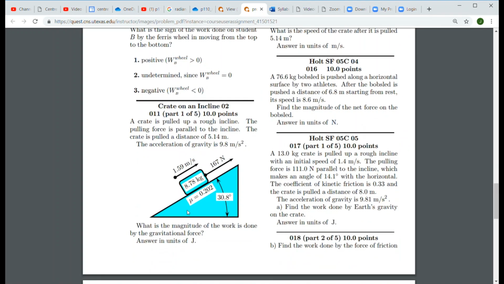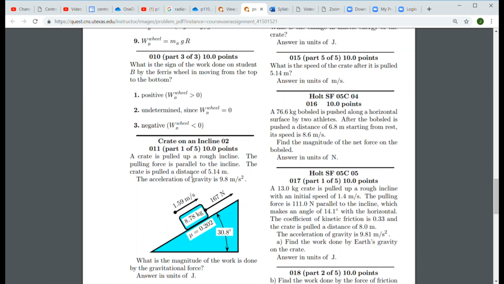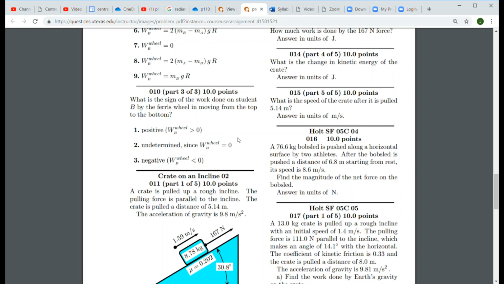It looks like its initial speed is 1.5 meters per second. So when we do the work kinetic energy theorem, add all those works together, set it equal to 1/2 m v final squared minus 1/2 m v initial squared, and use 1.59 as my v initial, and then solve for v final. That would give me the final speed of the crate after it's moved that distance up the plane.